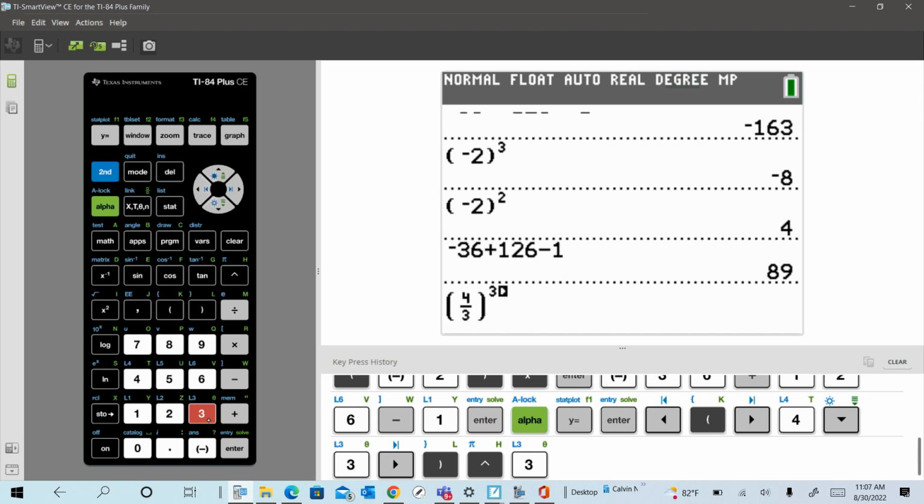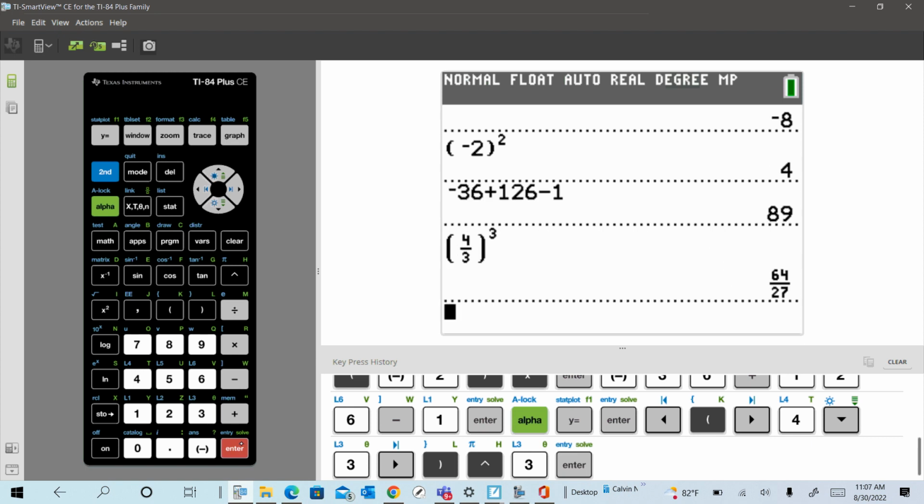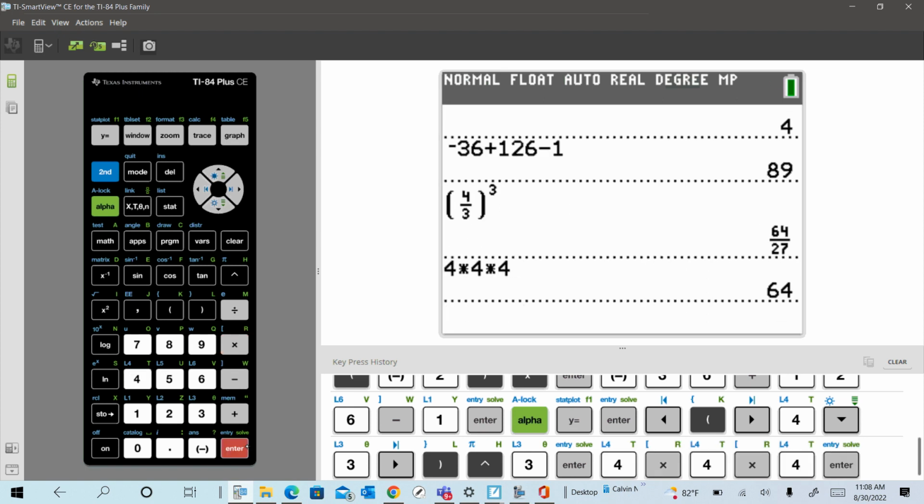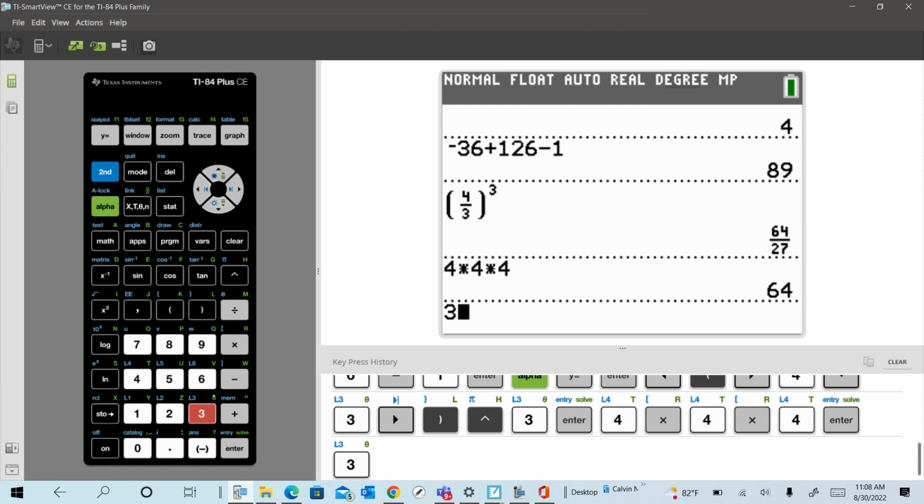It was going to give you a decimal answer, so I'm just telling you. Because when you take 4/3 to the third power, you're raising 4 to the third power. That is saying 4 times 4 times 4, which is how we get to 64. And you're doing 3 to the third power.